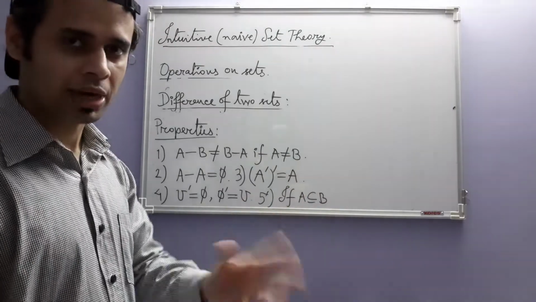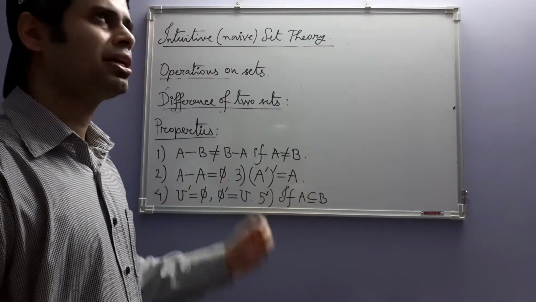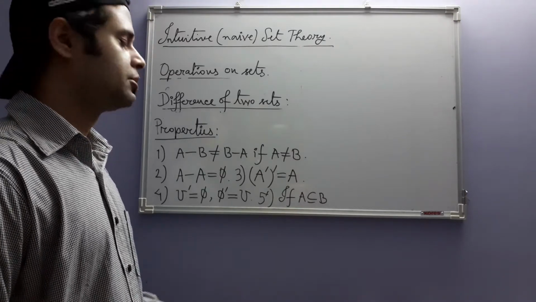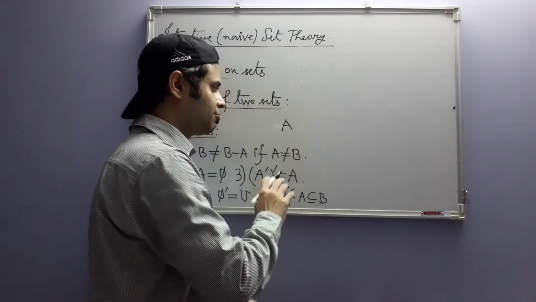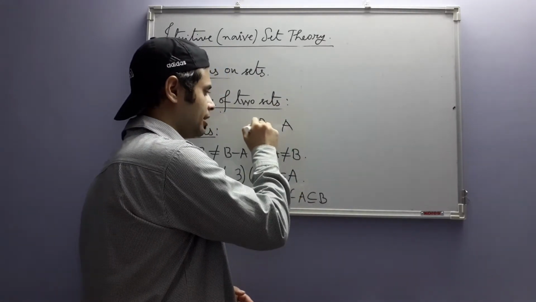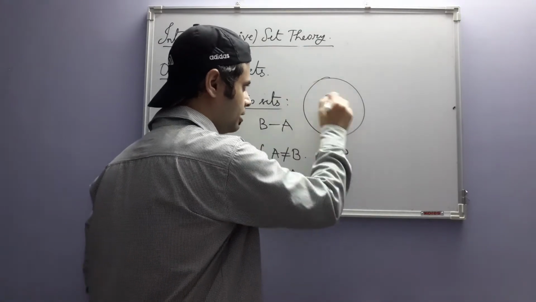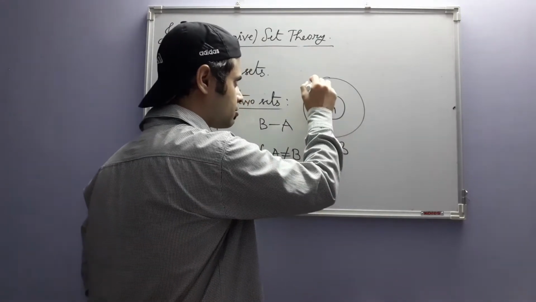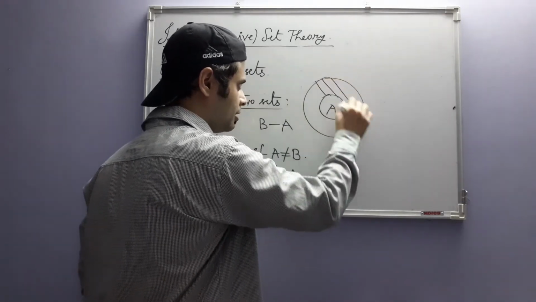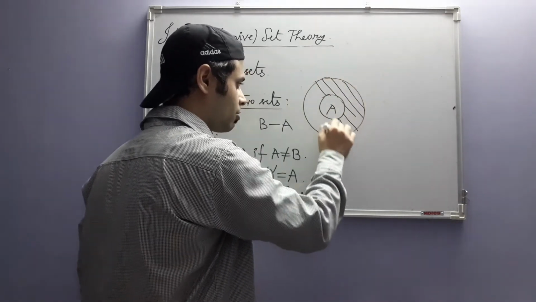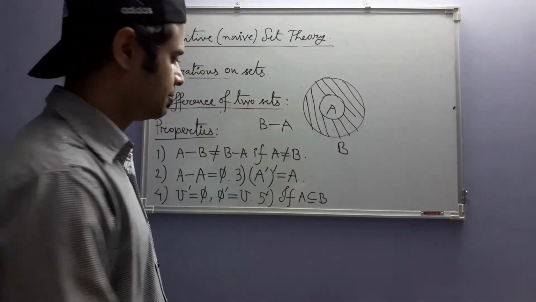It is A minus B. A minus B or B minus A? No, it's not A minus B, it's B minus A. It's B minus A, because B is the bigger one, A is the subset. So whatever is there in B that is not in A, that is the complement of A in B, B minus A.